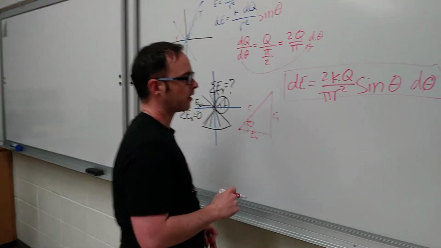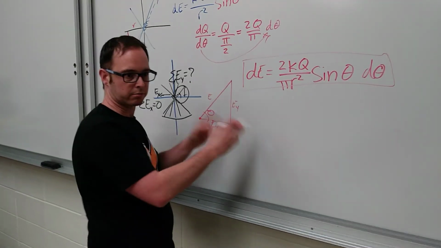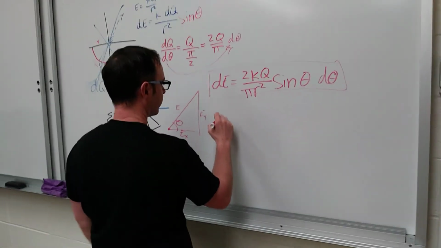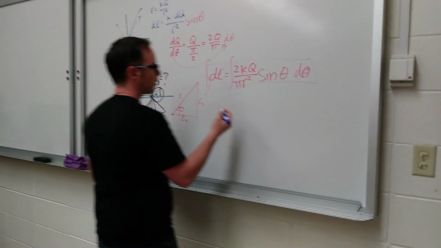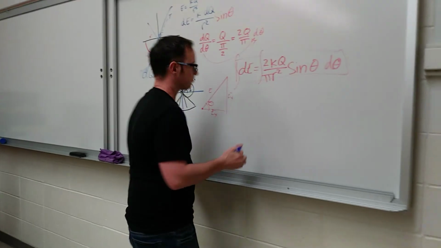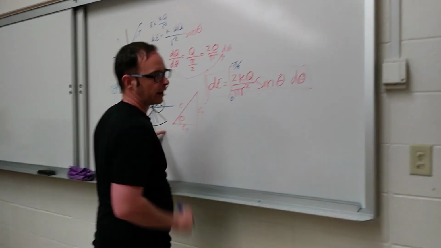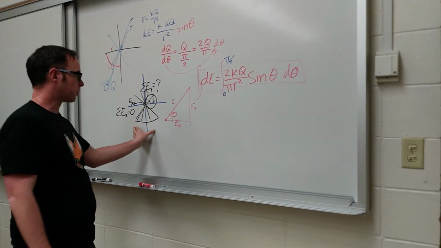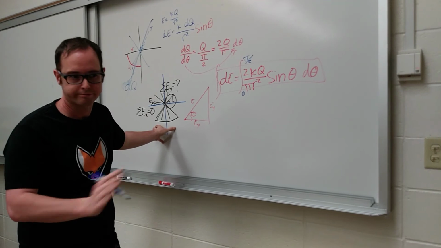That doesn't make much sense until you plug it into a calculator and work with it. So let's integrate it and put some limits on it. Since it's a quarter circle, we go from 0 to pi halves. That still works even though I've changed my coordinate system.